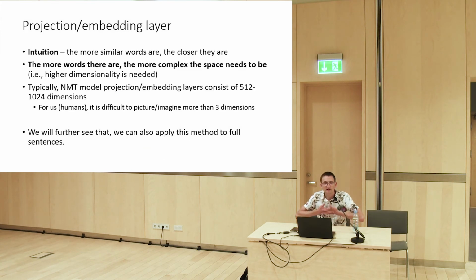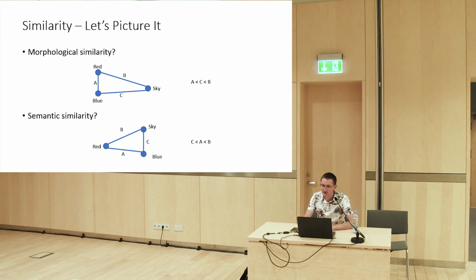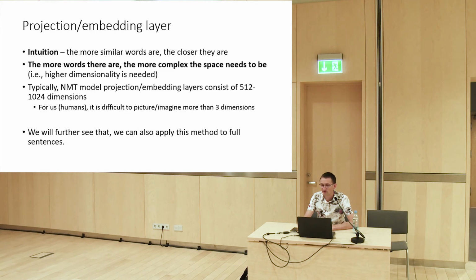Usually in neural machine translation and in other tasks, the embedding layers consist of 512 or 1024 dimensions. For us, imagining or picturing 2 dimensions is easy. Imagining 512 times more dimensions is a bit more difficult.